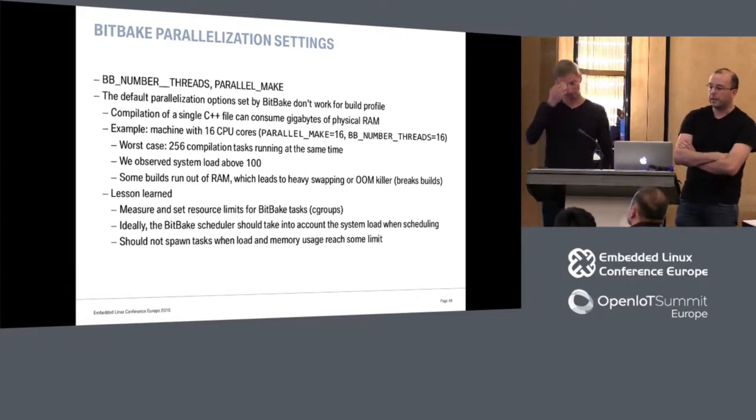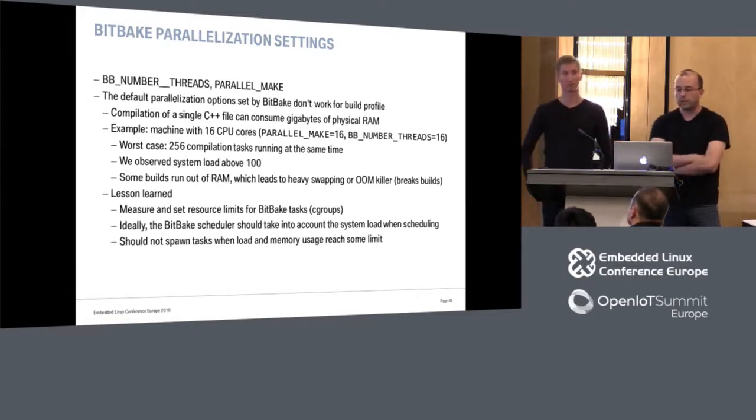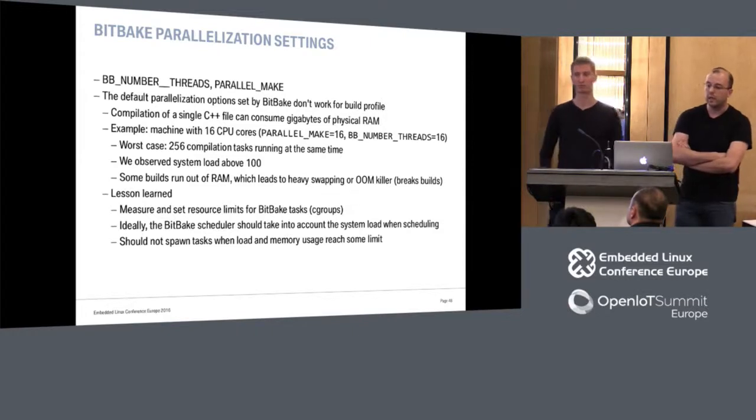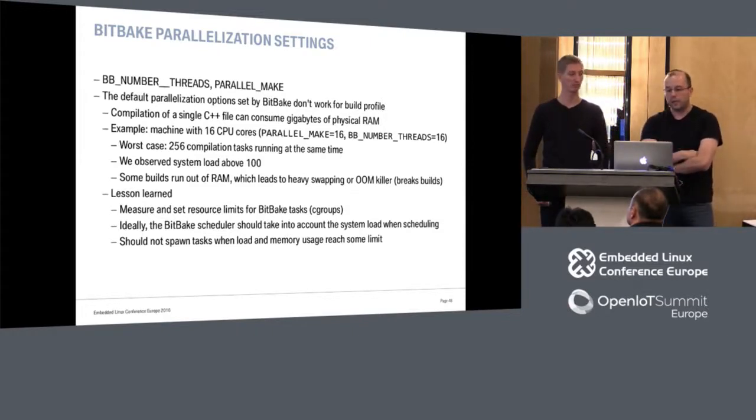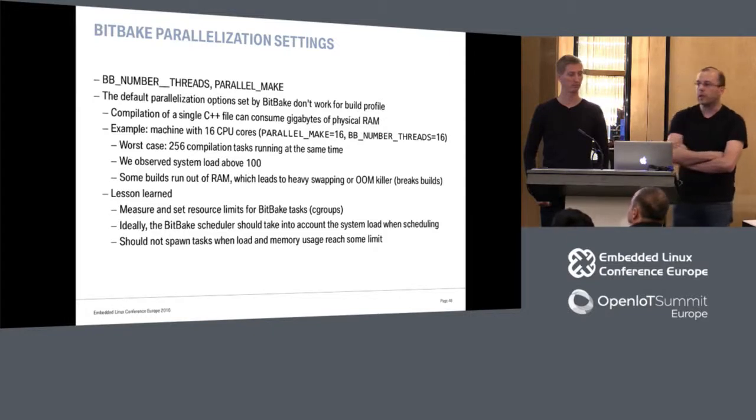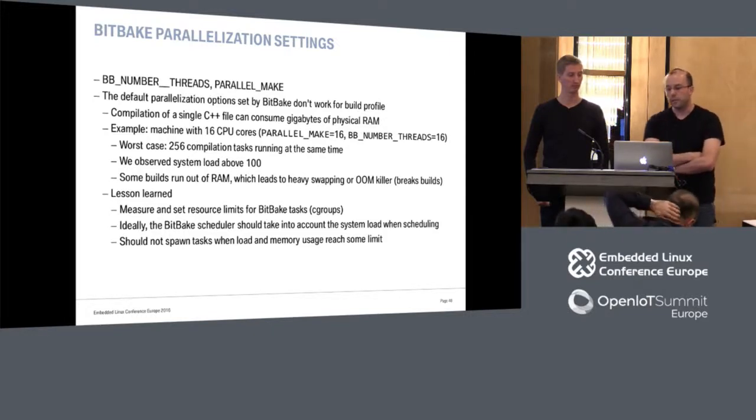For example, we have builders with 16 CPU cores. If we multiply BB_NUMBER_THREADS and PARALLEL_MAKE, we have, in the worst case, 256 compilation tasks running at the same time. That can be quite heavy if we are running C++ compilers. So what actually happened is that some builds just crashed because they ran out of memory.